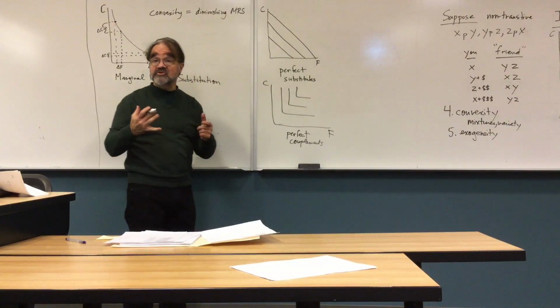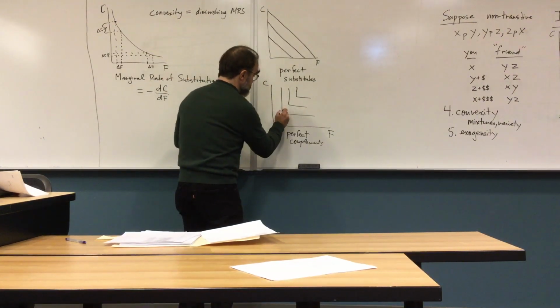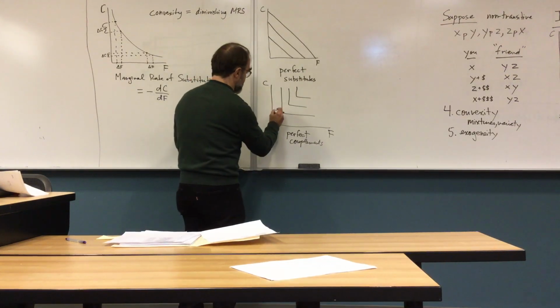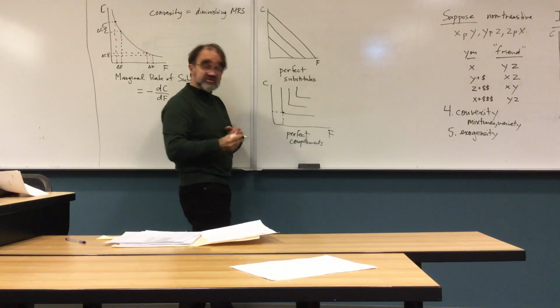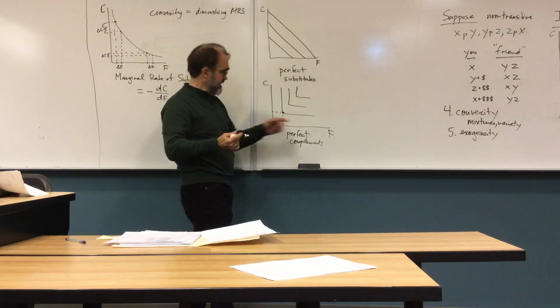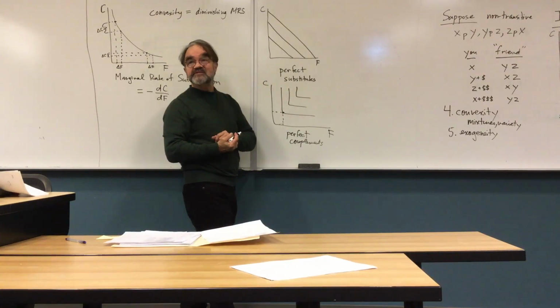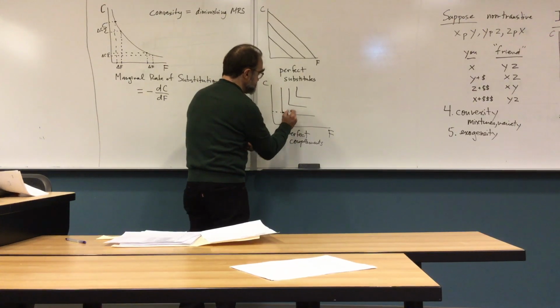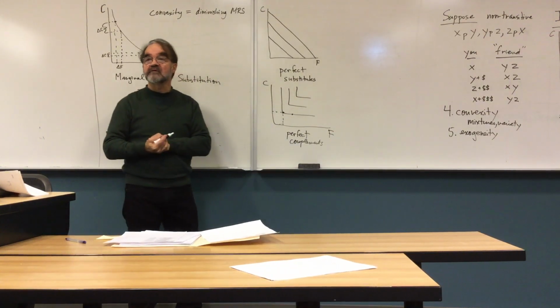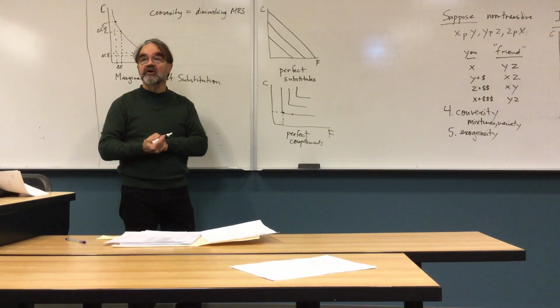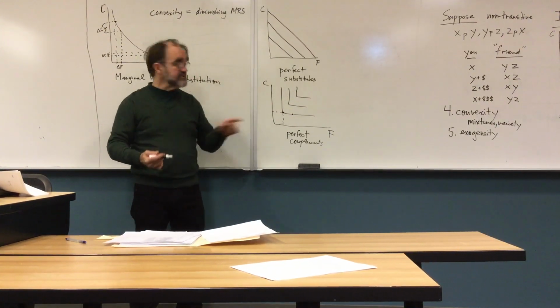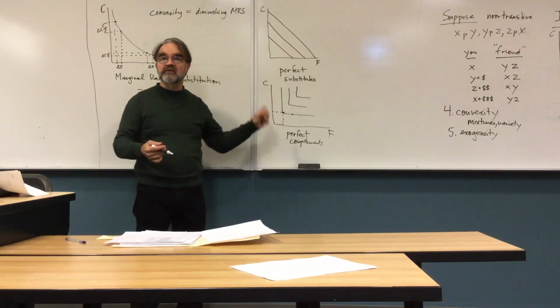Suppose you're at this point here where you have one unit of F and one unit of C. Having an additional unit of F doesn't make you any better off, because without also having more C, you're still on the same indifference curve.